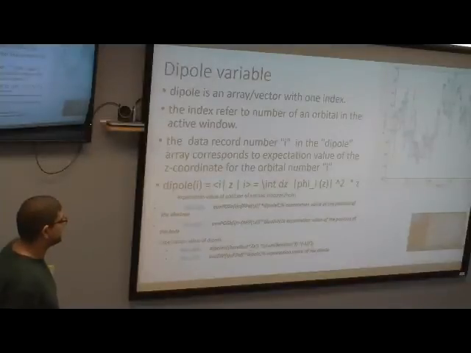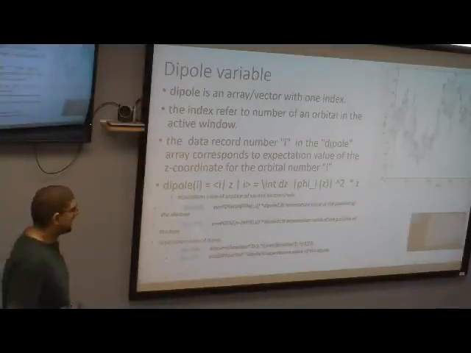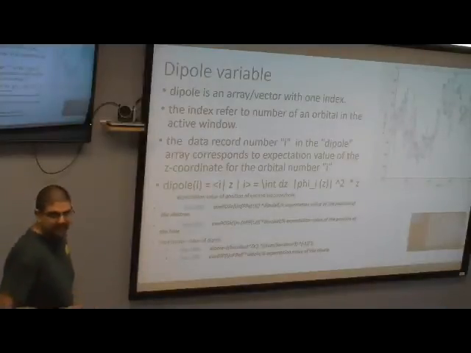So this is the expectation value for the dipole, which I'm sure you've seen countless times. And then this integral dz, integrating with respect to dz, the probability density squared times the position z. So this dipole is essentially the expectation value of z in the ith orbital.